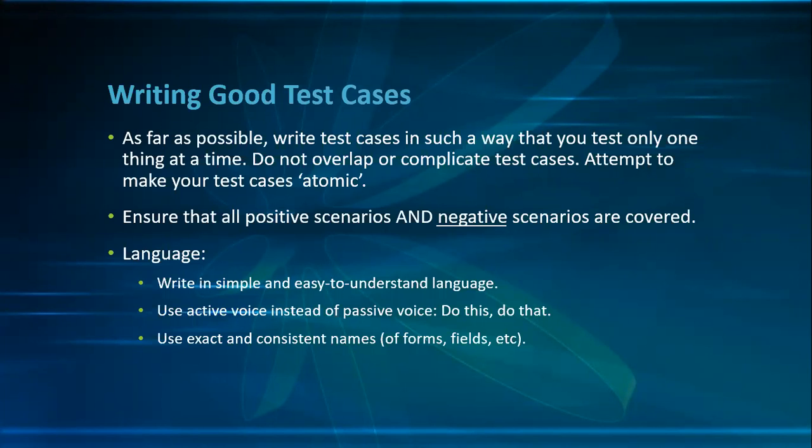So, for example, I want to log in. The only thing I need to do is go to the URL, the endpoint, www.bluesky.com. Click on sign in. Sign in page is displayed. That's my expectation.